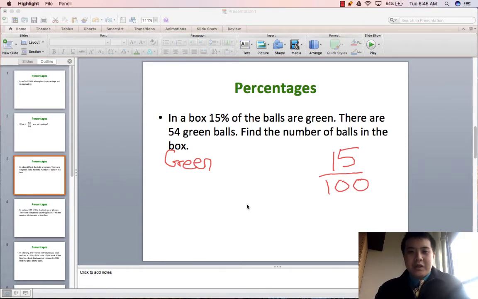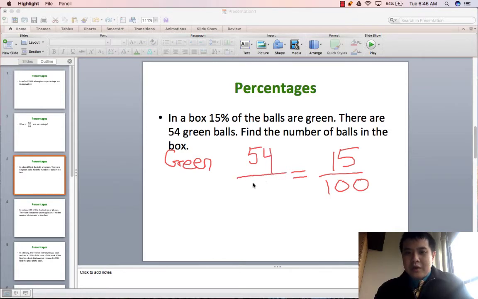Now we also know that overall, 54 of the balls are green. So we're going to write 54 at the top, because the top is green.